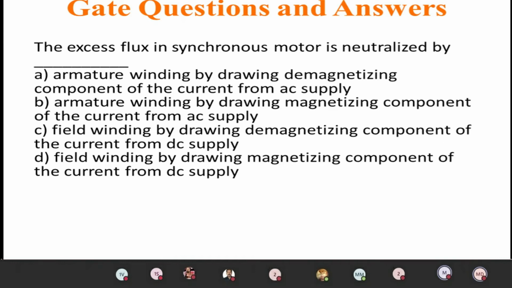Then: the excess flux in a synchronous motor is neutralized by: option A, armature winding by drawing the demagnetizing component of the current from the AC supply; option B, armature winding by drawing the magnetizing component of the current from the AC supply; option C, field winding by drawing the demagnetizing component of the current from the DC supply; option D, field winding by drawing the magnetizing component of the current from the DC supply.